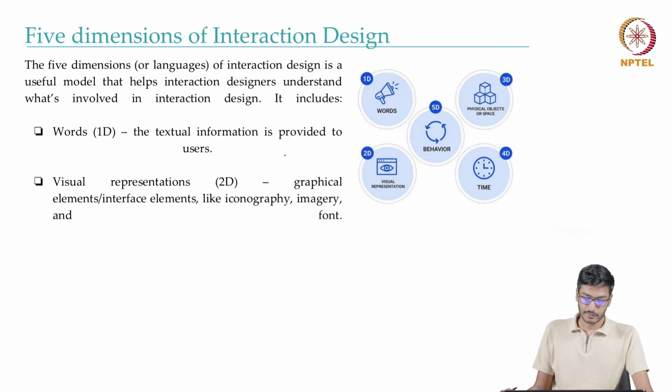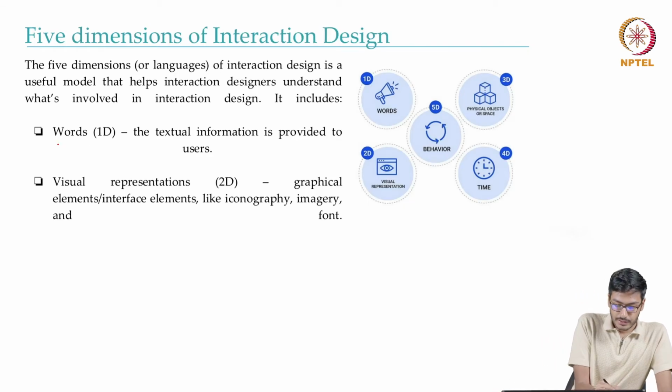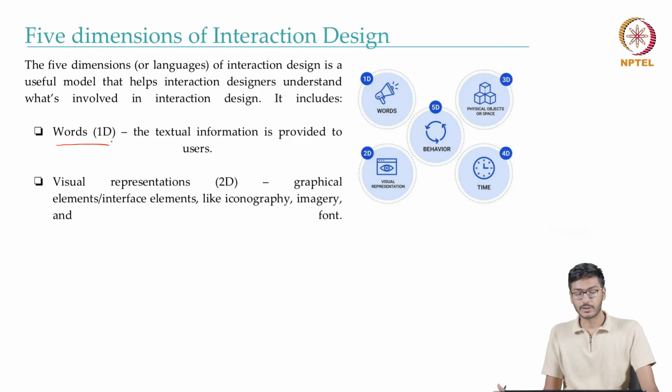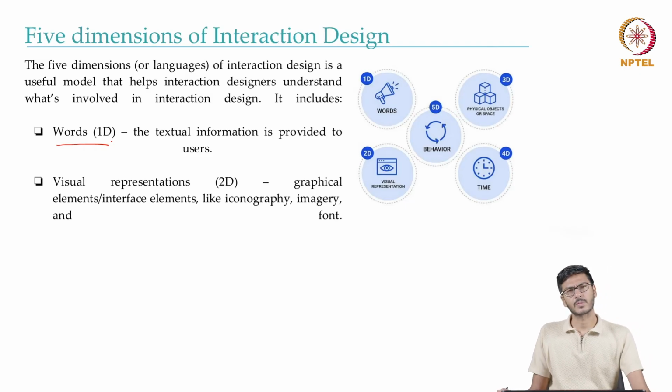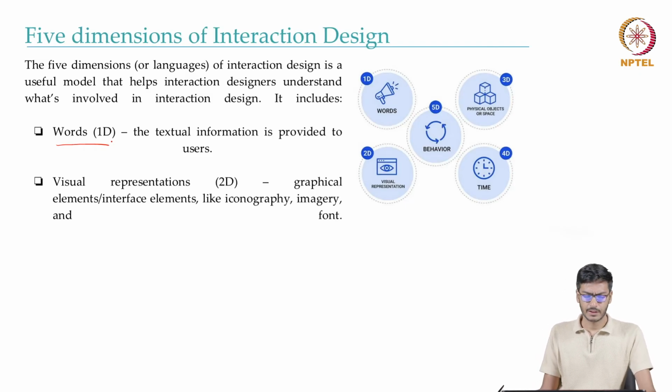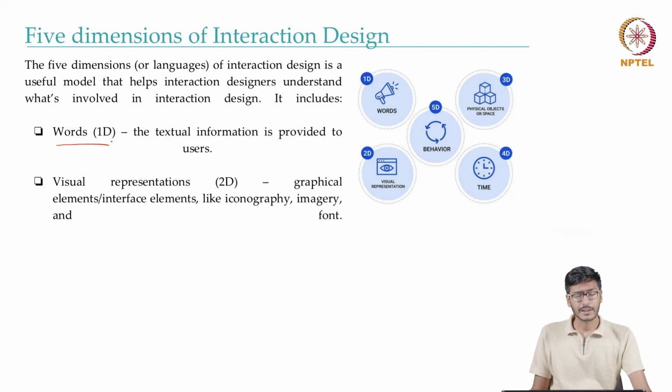And now we have the dimensions of the interaction design. The first one is the words, the textual information that is provided to the users. The second is the visual representations, the graphical elements, the interfaces like images, fonts, iconographies.